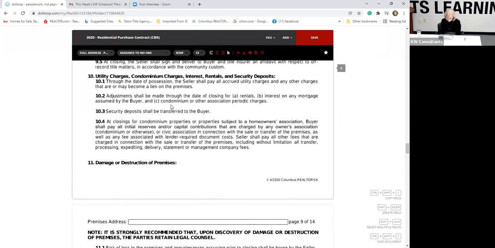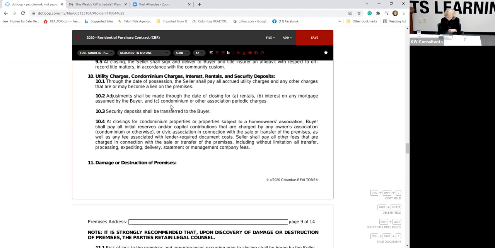Number 10, utility charges, condominium charges, interest charges, security deposit. It just says through the possession that the seller shall pay all accrued utility charges and any other charges that are a lien on the property. And if it is a rental property, we should prorate that.